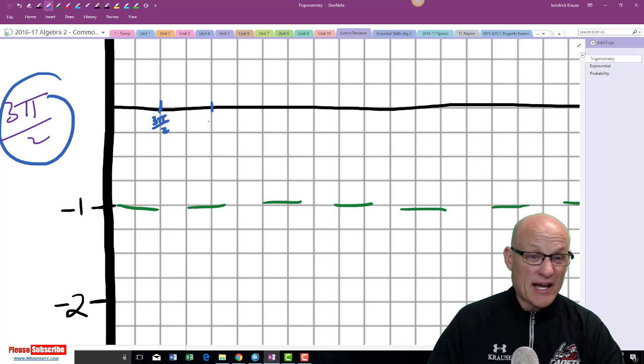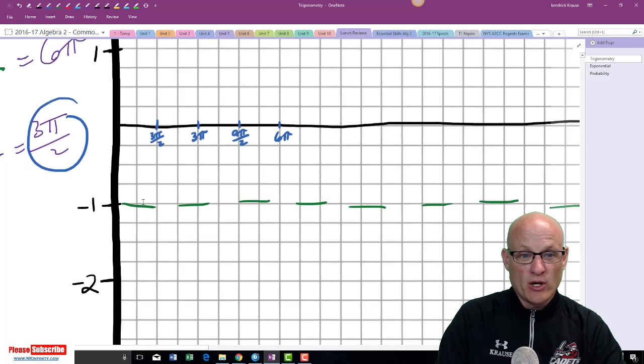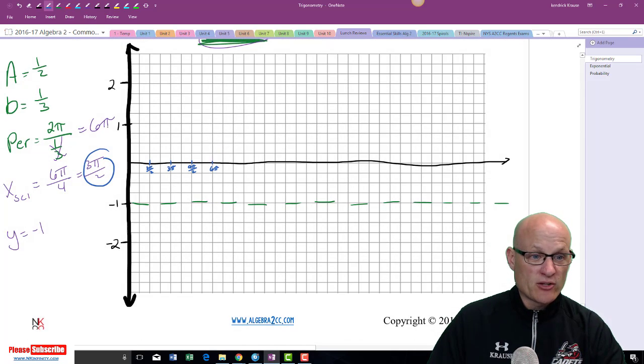I get 6 pi over 2. 6 pi over 2 is 3 pi. 3 pi over 2 and 3 pi over 2 and 3 pi over 2 is 9 pi over 2. And 3 pi and 3 pi and 3 pi and 3 pi is 12 pi over 2, which is 6 pi. Now, didn't we say it was going to finish one full curve in 6 pi?